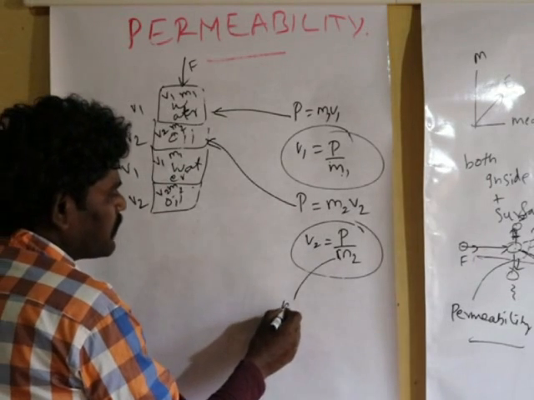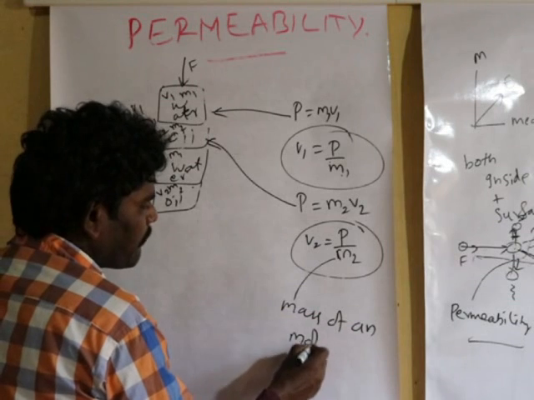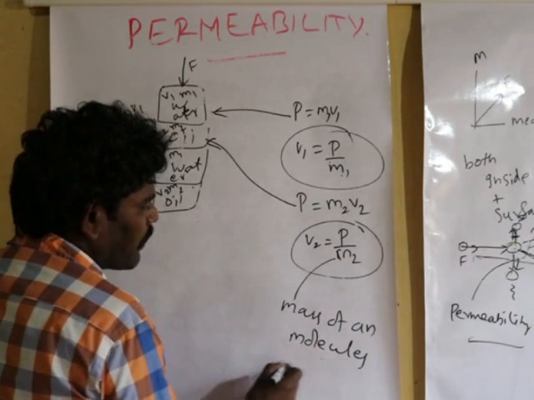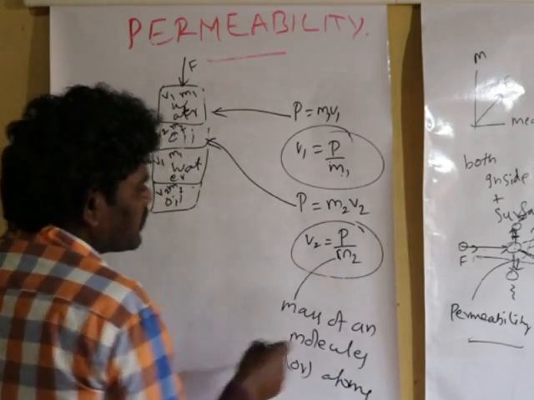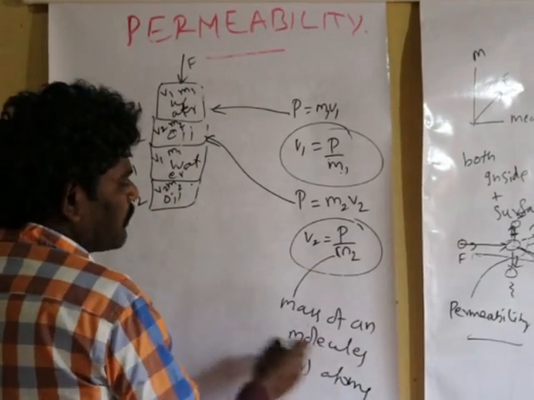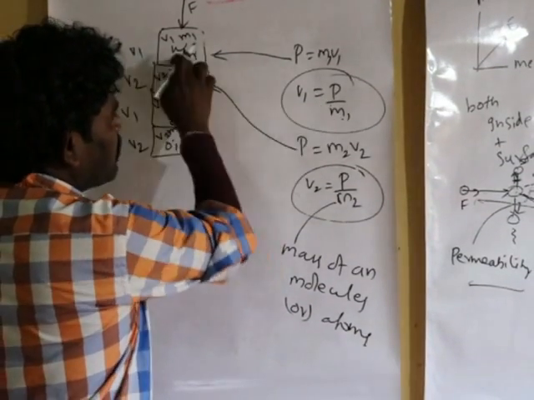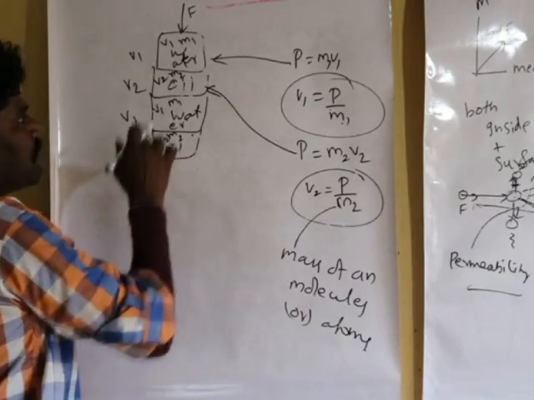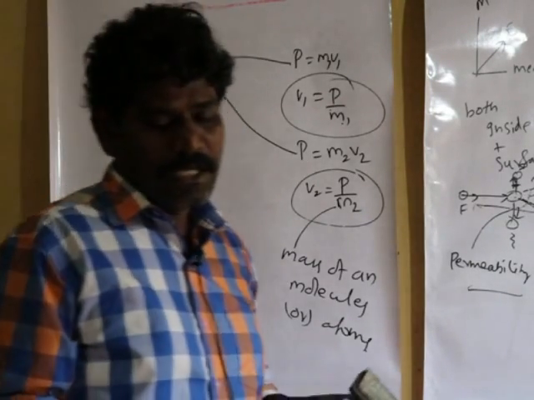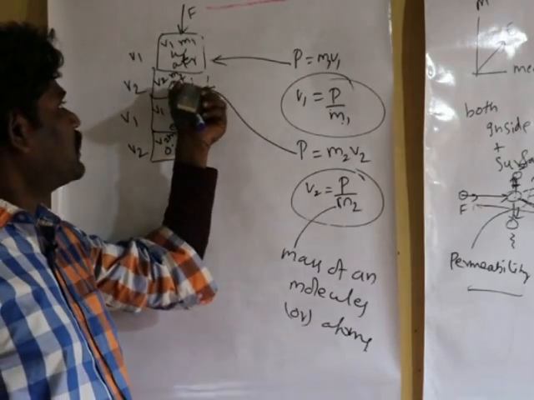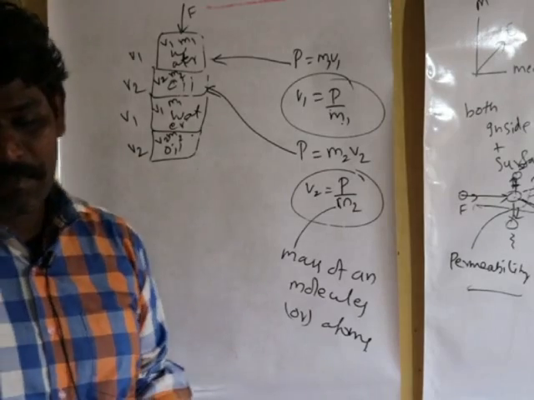The mass of a molecule or maybe atoms. The molecule mass of oil and of water is the same each time. So the permeability keeps on changing in this case. When it returns to the oil molecules, the velocity is the same, and when it comes to the water molecules, the velocity is the same.